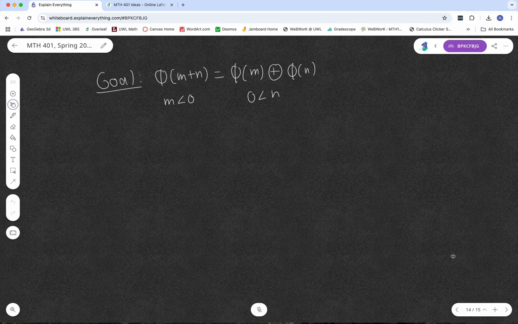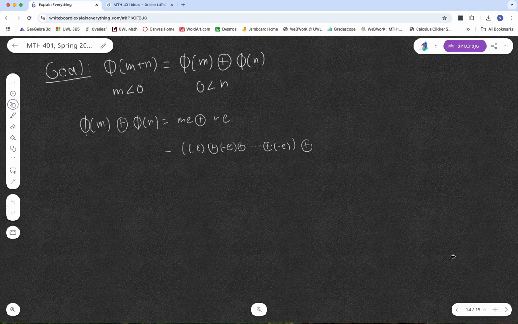So phi of m plus phi of n is, by definition, m e plus n e. If m is negative, then it's negative e plus negative e plus negative e, plus e plus e plus e.